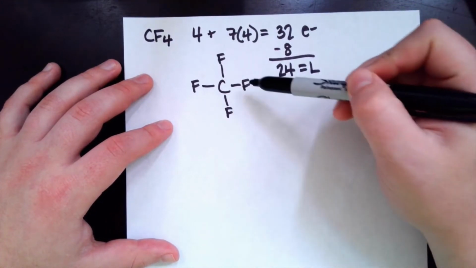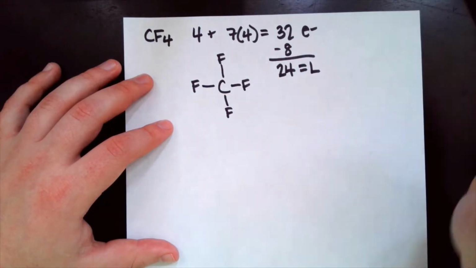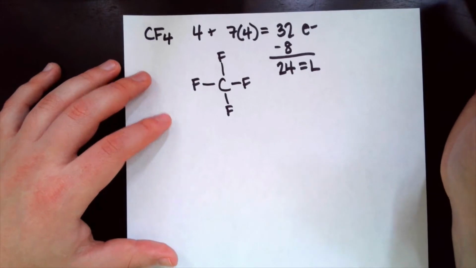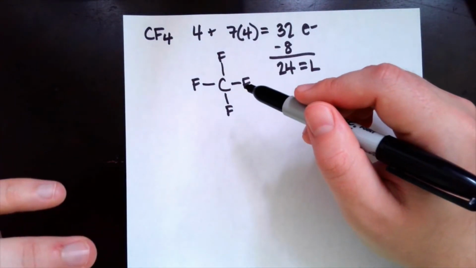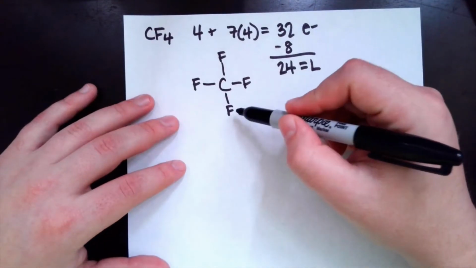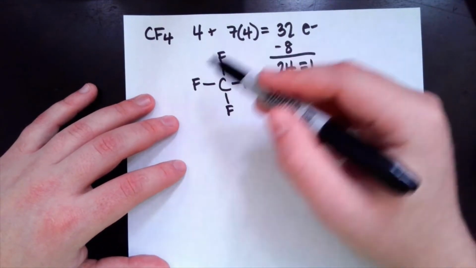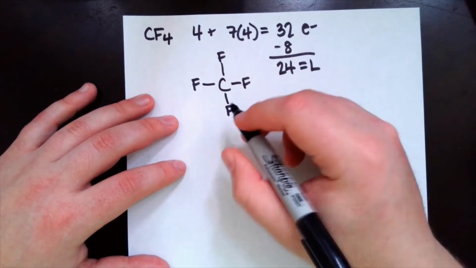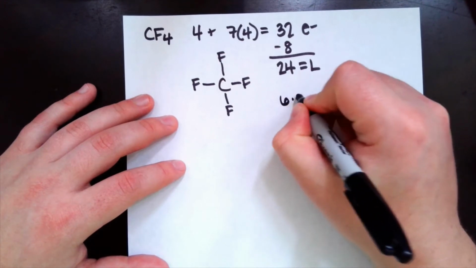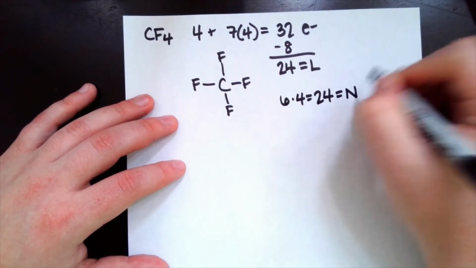Look, each fluorine has 1 bond right now, which means each fluorine currently has 2 electrons in its valence shell the way it's shown. So to get to an octet, if they already have 2, they need 6 more each. So each fluorine would need 6 more electrons to have a full octet. So 6 times 4 equals 24. So that's our N value here.